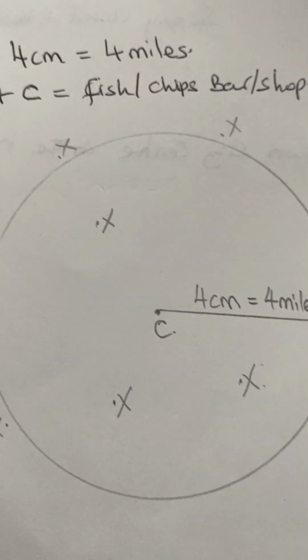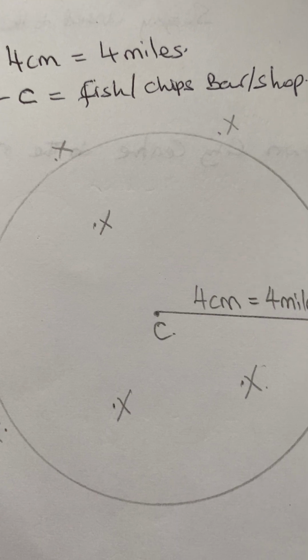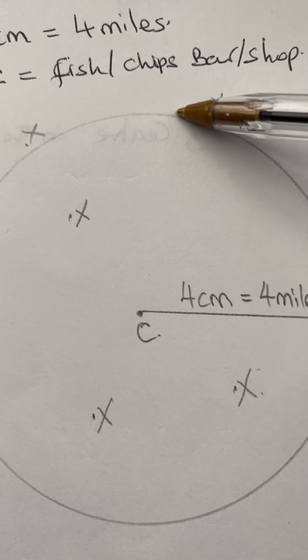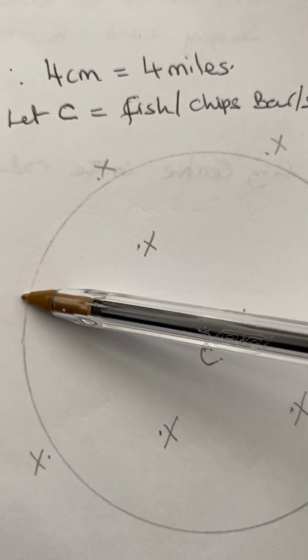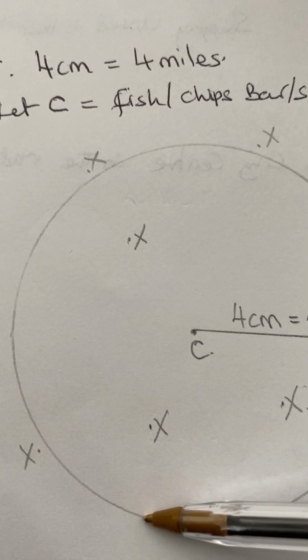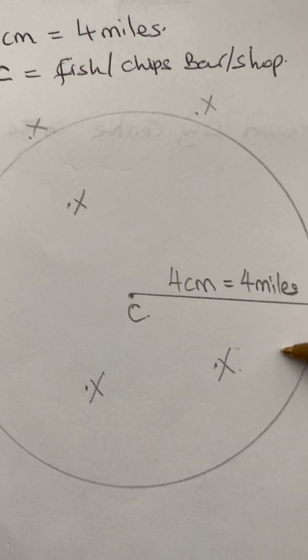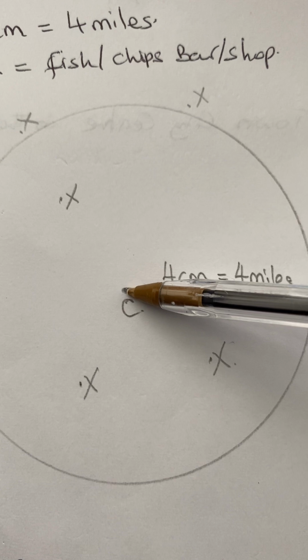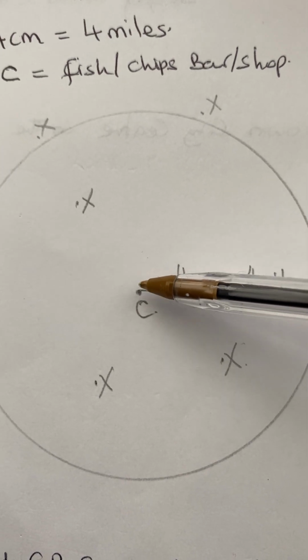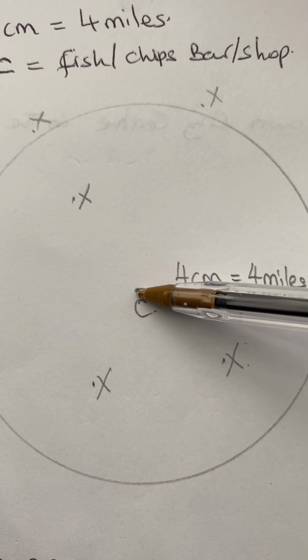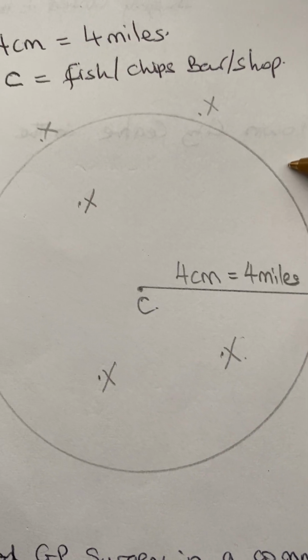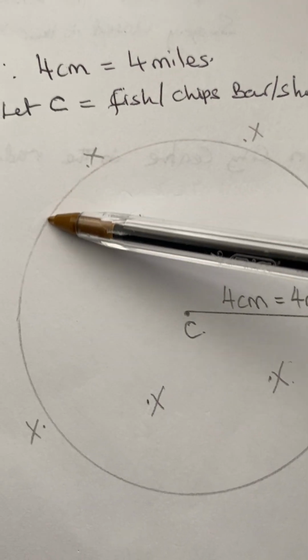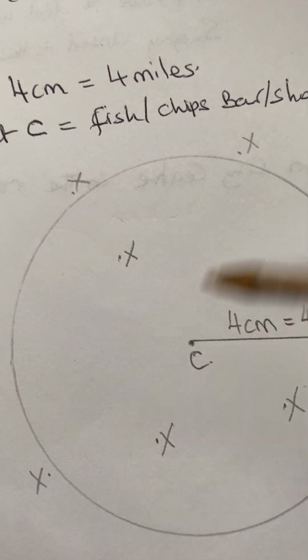Now all the points on this circle I've drawn, this is the chip shop here. We represent it by C. All these points here are the cut-off boundary and is the locus.